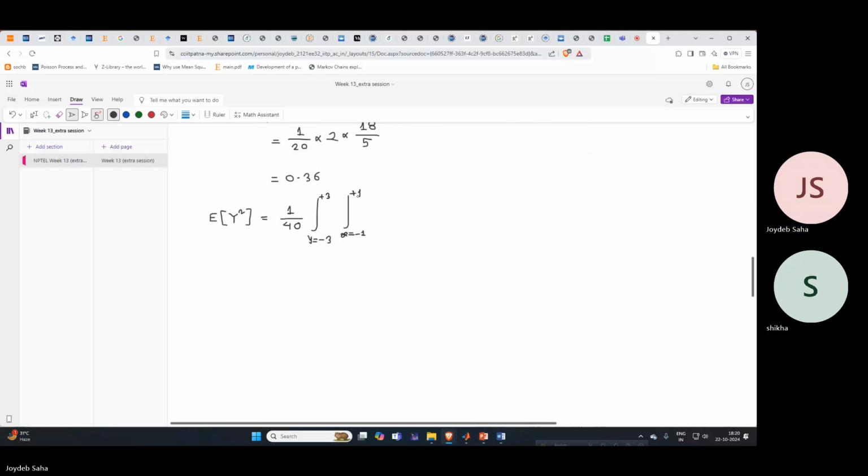y square multiplied with x plus y whole square dx dy.